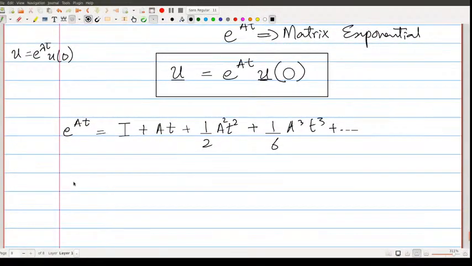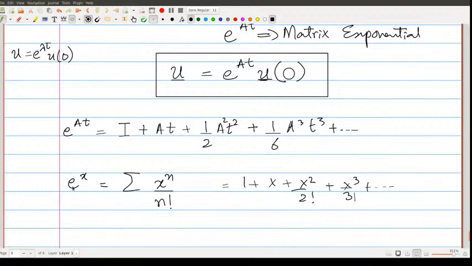And this is very similar to the exponential function, which is the summation of x to the n upon n factorial, which is 1 plus x plus x squared upon 2 factorial plus x cubed upon 3 factorial plus so on.